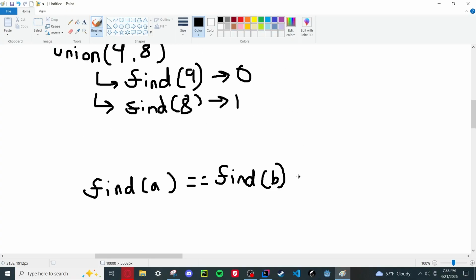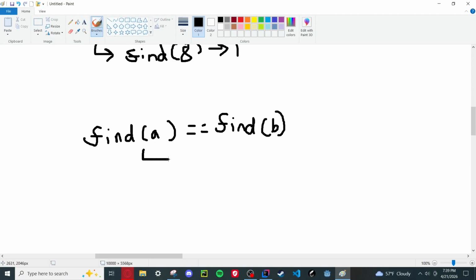Find of A is equal to find of B. We can say that if we try to do union here, or if we try to create an edge for the spanning tree that we're trying to make, we're going to create a cycle.